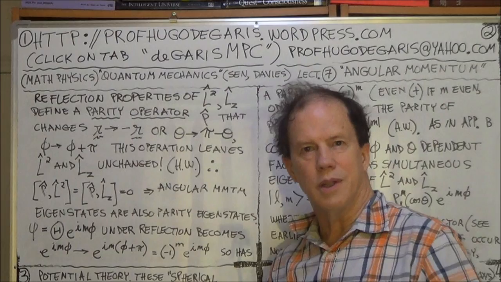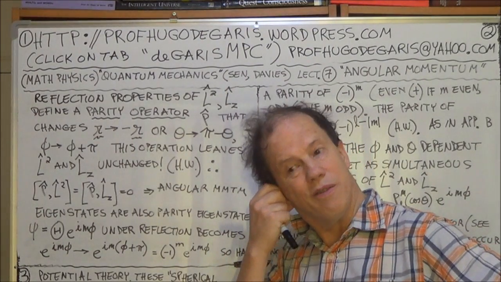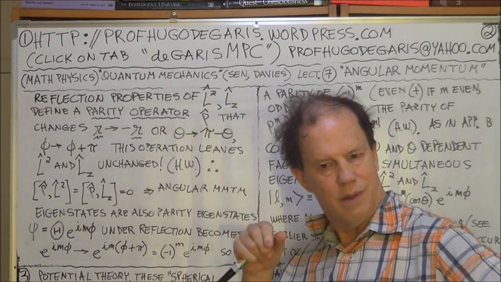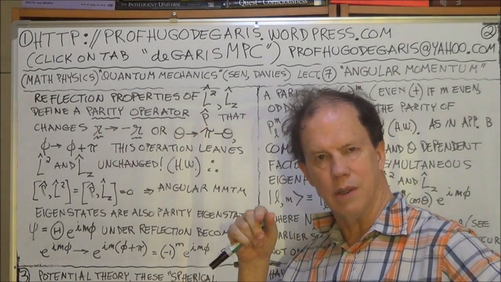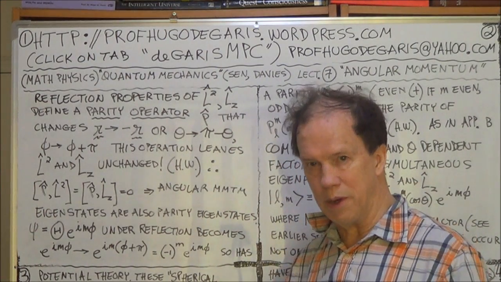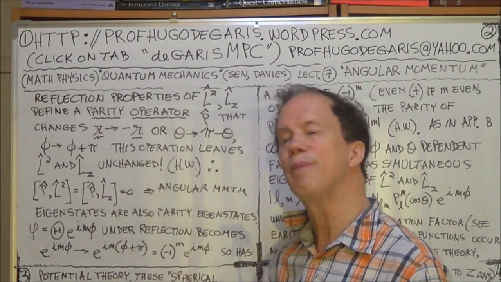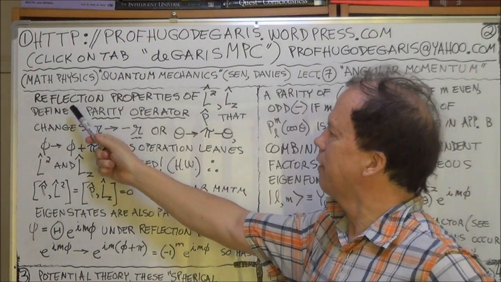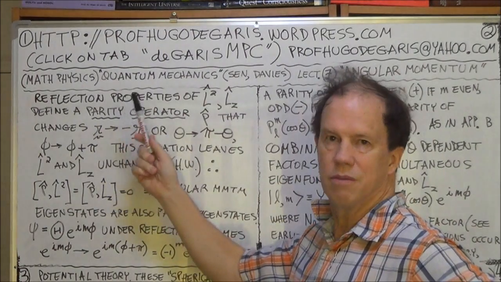In this session we'll explore a few more properties of the angular momentum operators, the absolute angular momentum L squared and the z component of the angular momentum L_z hat. Particularly in terms of their reflection properties or parity.